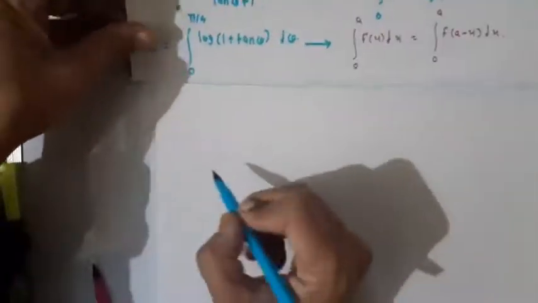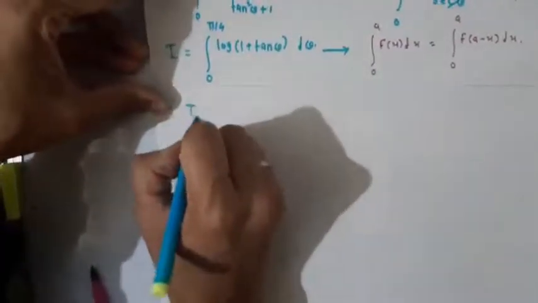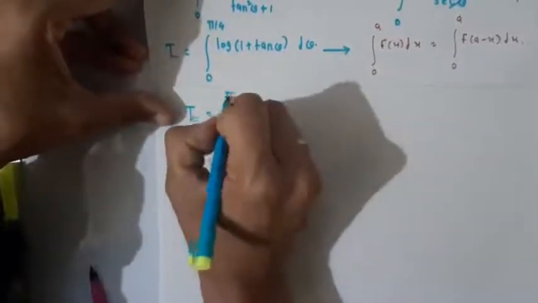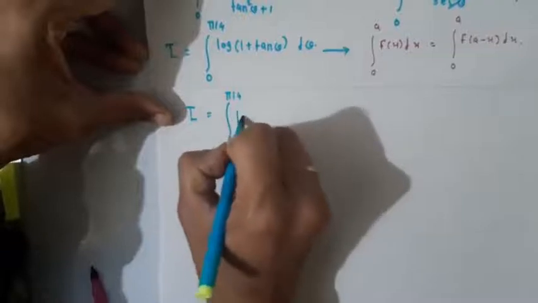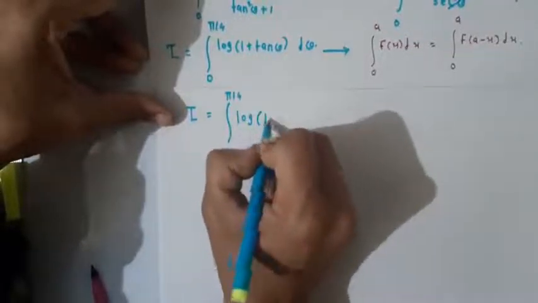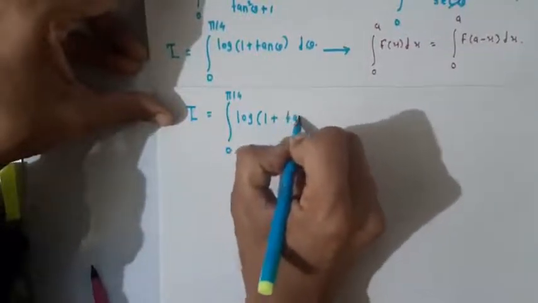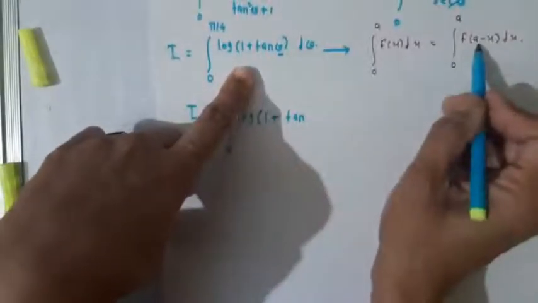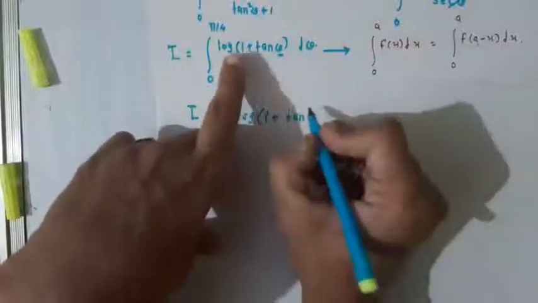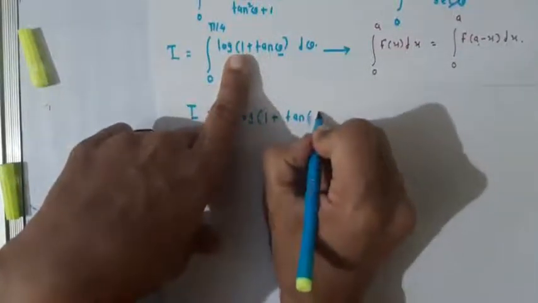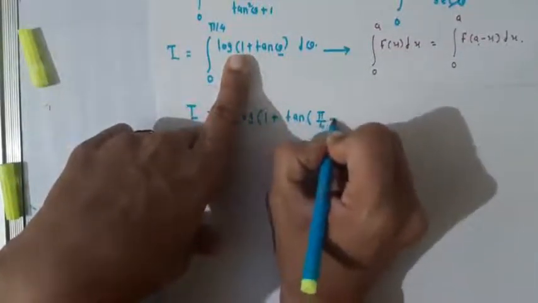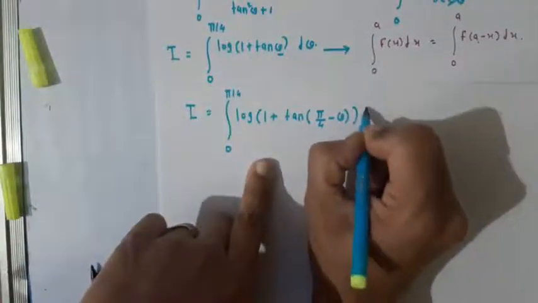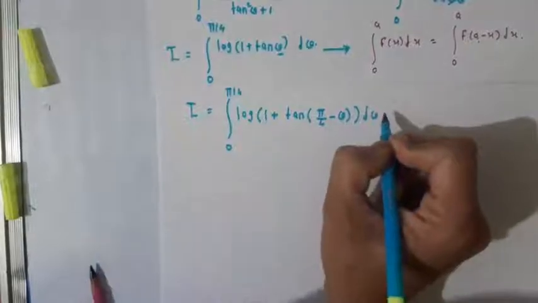Integration I equals 0 to pi by 4 log of 1 plus tan of, put the value according to this property, a minus theta. Here a is pi by 4, that is tan of (pi by 4 minus theta), with respect to theta.